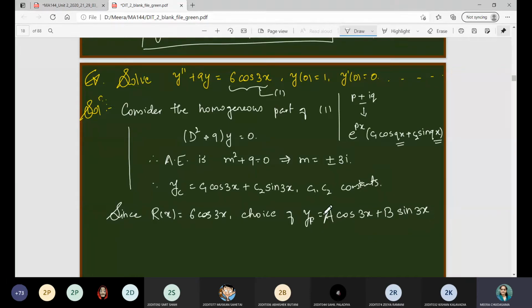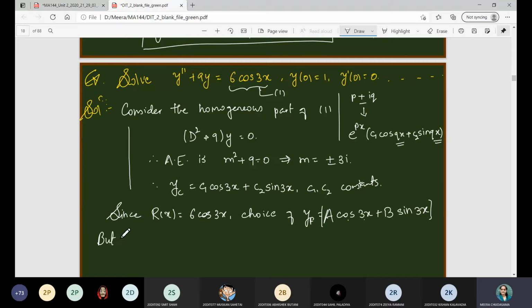Now this choice, does it involve a function from the complementary function? Yes, right. You can see cos 3x is here and cos 3x is there. Similarly, sin 3x is also there. So what do we have to do? We have to modify it, which means we have to multiply the entire choice by x, right?